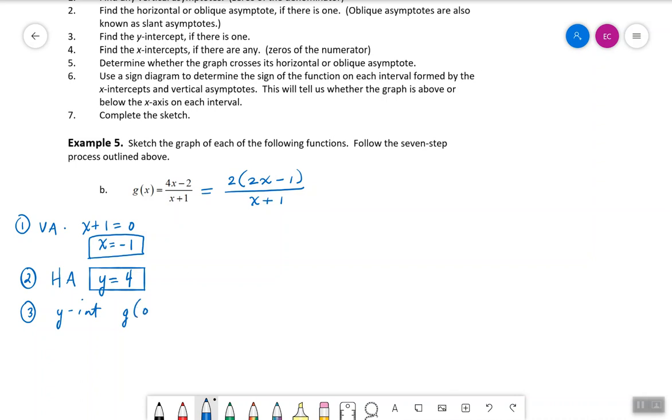Let's set x equal to 0, and we'll have 4 times 0 minus 2, which is negative 2, over 0 plus 1, which is 1, so negative 2 over 1, or negative 2. So the y-intercept is at (0, -2).